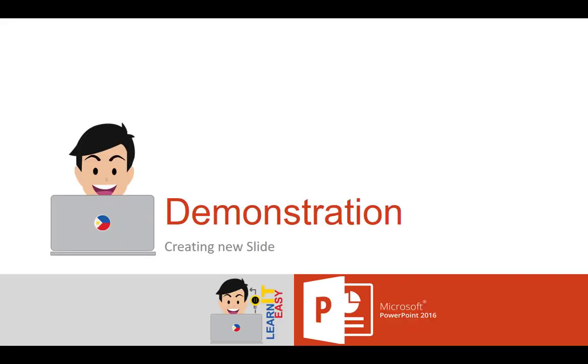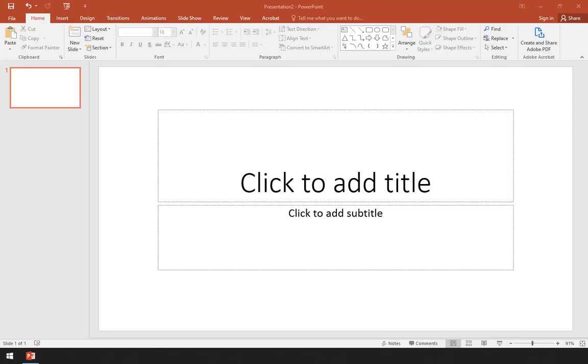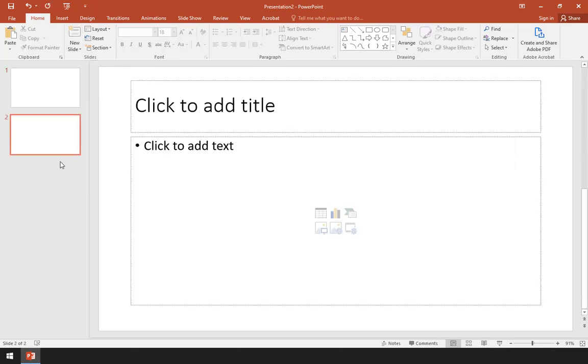Next, I am going to demonstrate how we create a new slide, okay? So to create a new slide, for example, this is our first slide and we want to make a new slide, there are plenty of ways. First, you go to Home, and as you can see, there is the New Slide option. You just click this one and a new slide will appear.